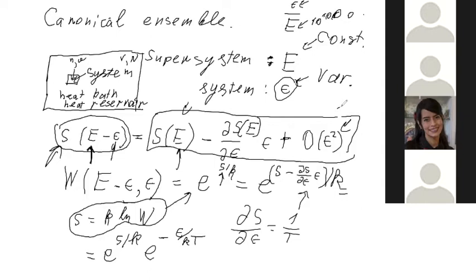This concept will be useful in such situations when our system is connected with a heat reservoir. If you have a closed system which is almost half of the whole super system, probably thermodynamics will not be accurate. You can still evaluate this formula, but the error of your estimate will be larger.